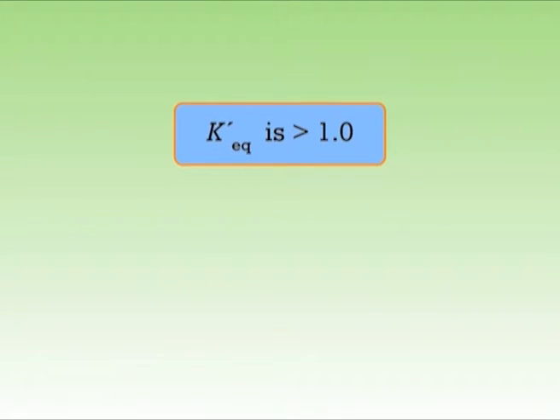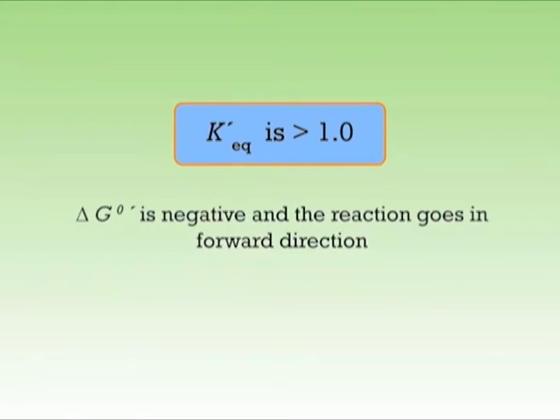Thus, the standard free energy and the equilibrium constant of a reaction are related by this simple expression. We can also say that the standard free energy change of a chemical reaction is simply an alternative mathematical way of expressing its equilibrium constant. From this expression, it is clear that when K prime EQ, which is the equilibrium constant, is less than 1.0, delta G naught prime is negative and the reaction goes in the forward direction.